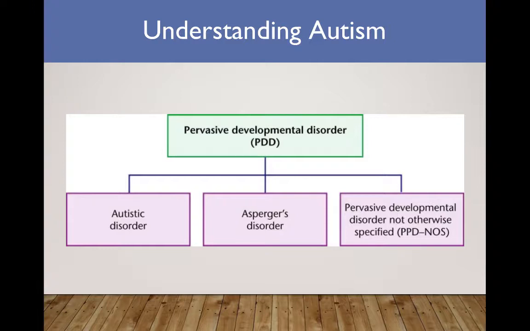It's sometimes referred to as PDD, and under PDD, we have full-blown autism. We have Asperger's, and then sometimes you'll see a very young child in particular with the diagnosis of PDD NOS, pervasive developmental disorder not otherwise specified.